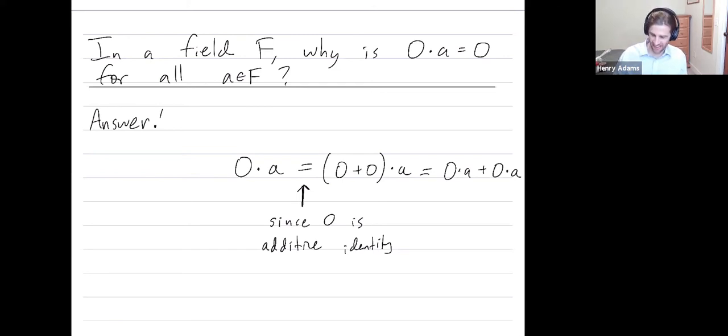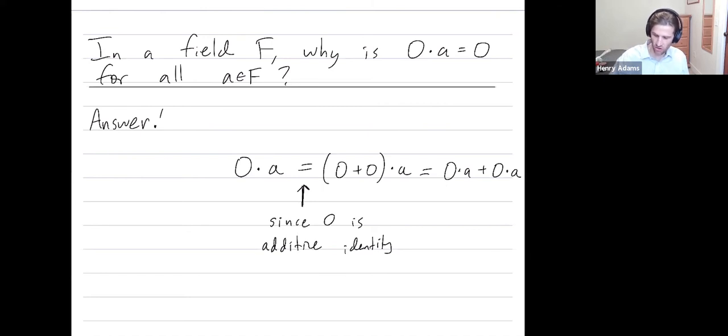I don't know. On the left, I sort of have one copy of 0 times A, whereas on the right, I have 2. Okay, so think of this as almost like I have x is equal to x plus x. That's going to imply that x equals 0.